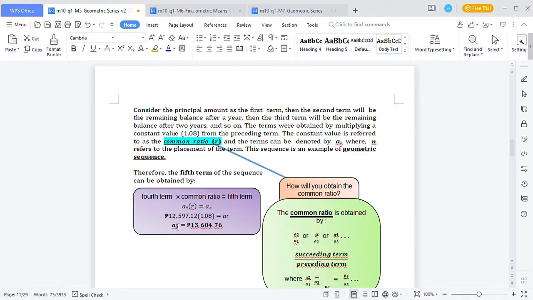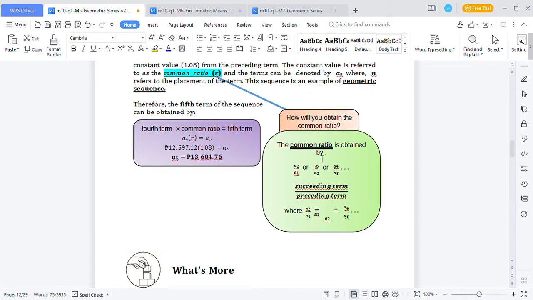Our A sub 4 there is 12,597.12. Our common ratio is 1.08. And our A sub 5 is equal to 13,604.76. So the common ratio is obtained this way: how did you identify that we have the common ratio 1.08?